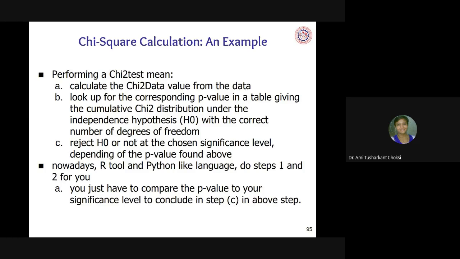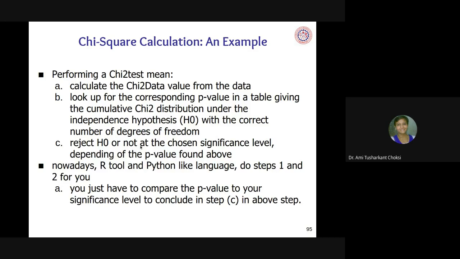So now, performing a chi-square test, how can we do that? Calculate the chi-square value from the data. Look up the corresponding p-value in a table giving the cumulative chi-square distribution under the independence hypothesis with the correct number of degrees of freedom.